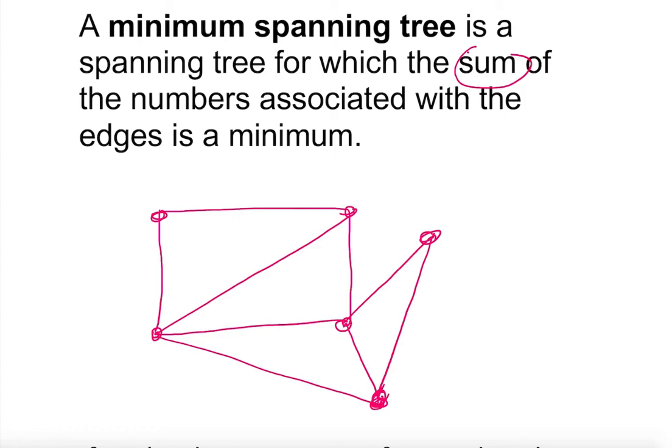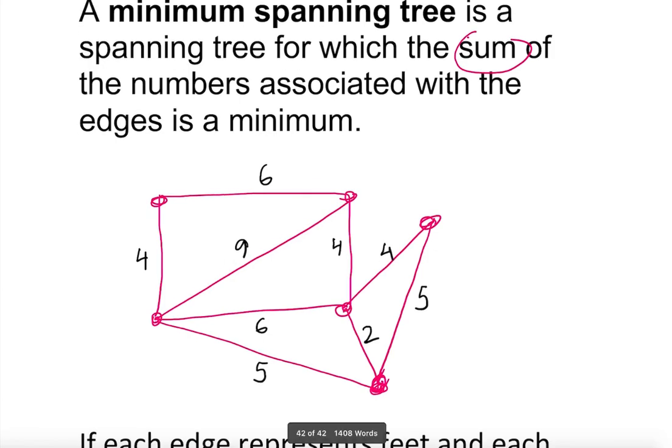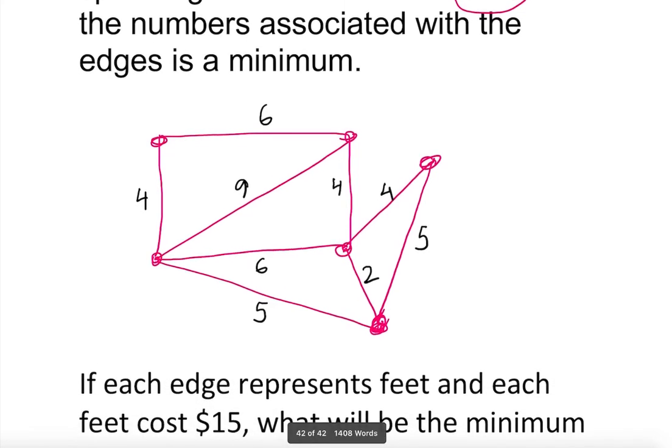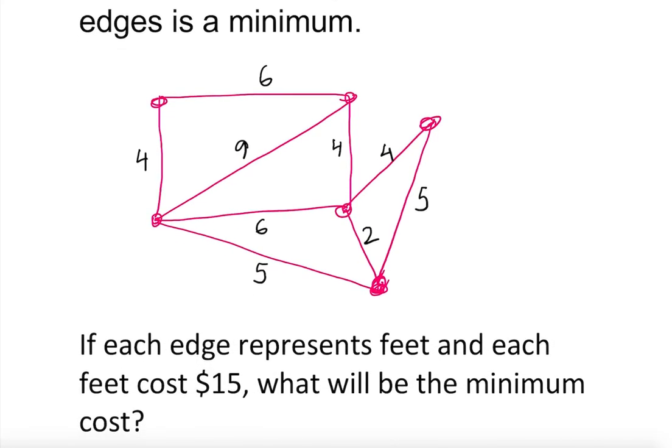I can label it now. 4, 4, 6, 6, 9, 5, 2, 5, 4. And the question here is asking: if each edge represents feet and each foot costs $15, what will be the minimum cost?